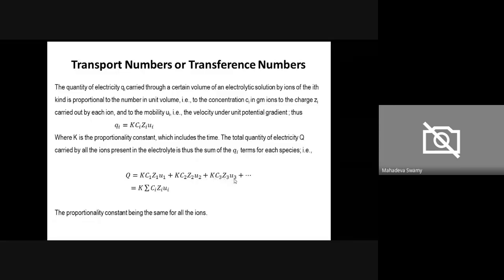So these are the kinds of ions, these many ions present in an electrolyte.